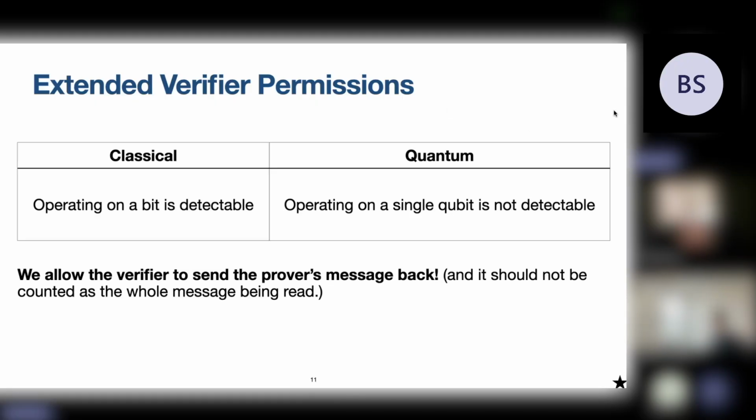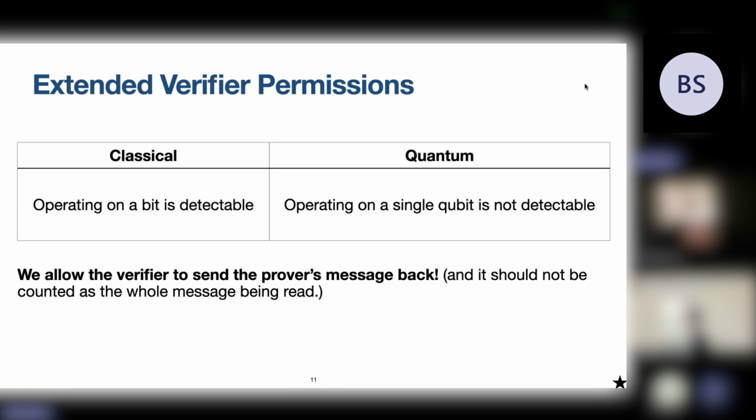So this raises the question whether we should allow the verifier to send the prover's message back, because this makes a difference. And at the same time, it shouldn't be counted as the whole message being read. If you look at the usual definition of IOP, if the verifier wants to send the prover's message back, usually it means the verifier, although it's very stupid, has to read the message, then he can send it back.